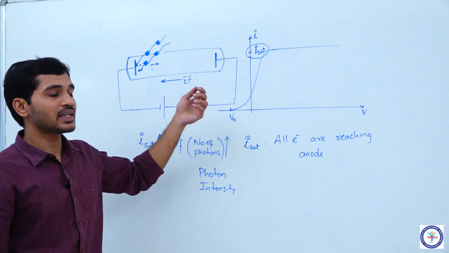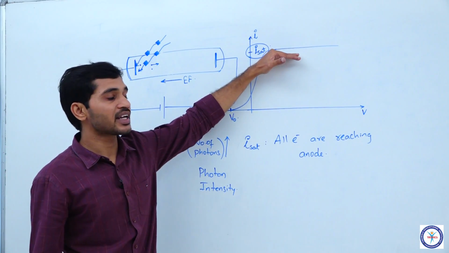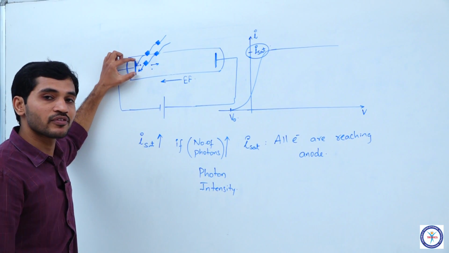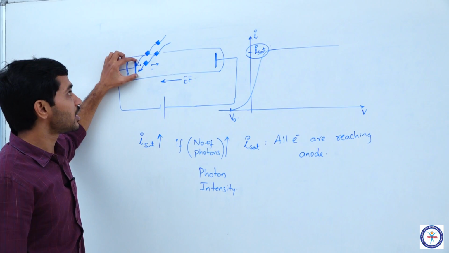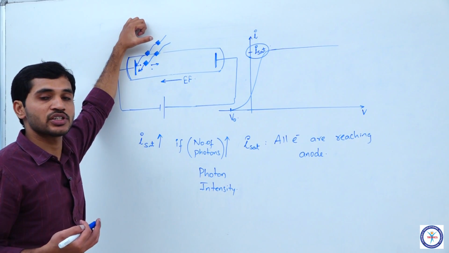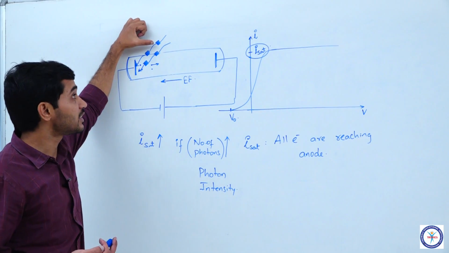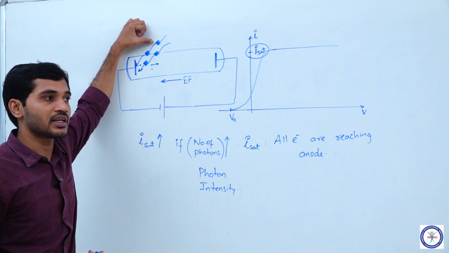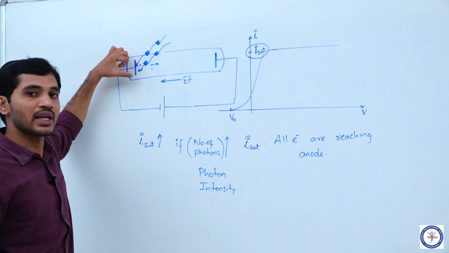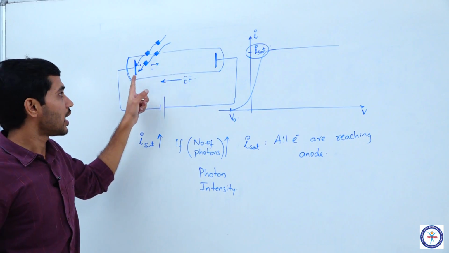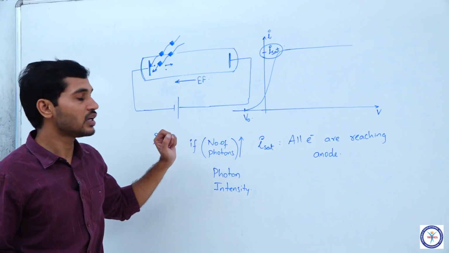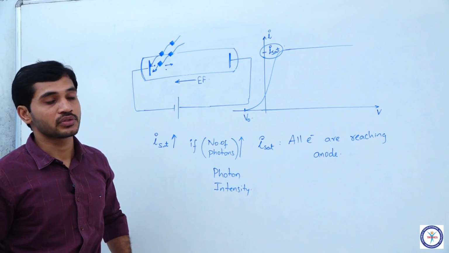So, the only way you can increase the saturation current from there is by changing the number of electrons coming from the cathode, and that can be done by increasing the intensity of incident light. If more photons are incident on the material, more electrons come out of the material, and those electrons will be carried by the battery through the electric field, and a current is established in the circuit.